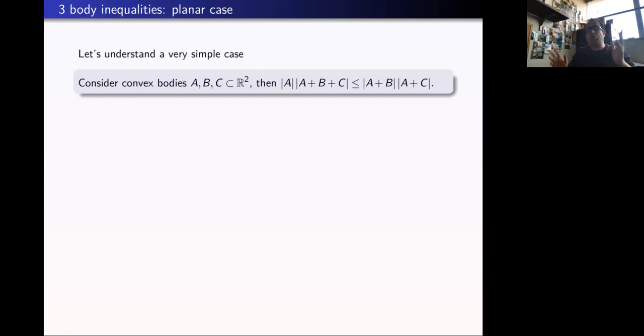So let me show you how to do it in dimension 2. There may be some clever approach using clever integral inequalities, and I would love to find this approach. That's why I talk about this so much. One of the problems with this approach is that A, B, C must be convex.